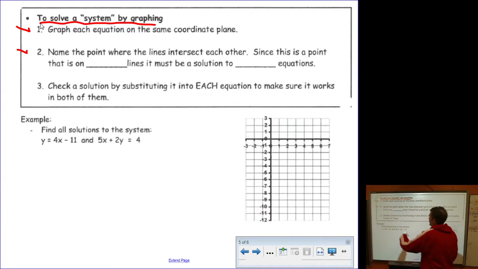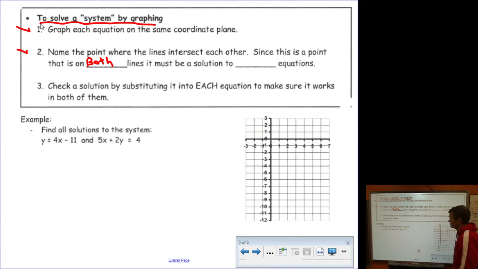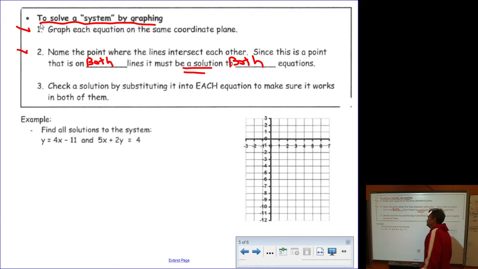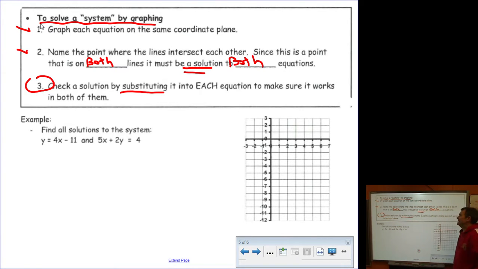Since this is a point that is on both lines, it must be a solution to both equations. And last up, we can check a solution by substituting it into each equation to make sure it works in both of them. So let's look at an example.